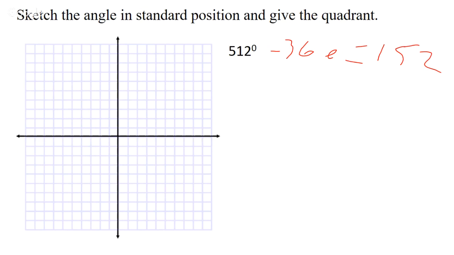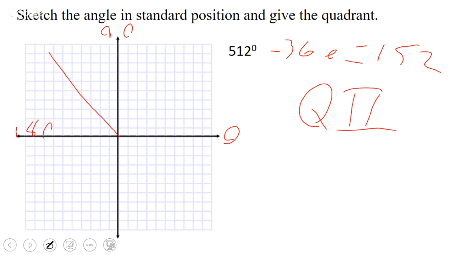So 152 degrees, if I were to find out what quadrant that is, well, that's 0, that's 90, this is 180, so it's somewhere between 90 and 180, so I know it's somewhere in this quadrant. So I know it's in quadrant 2.